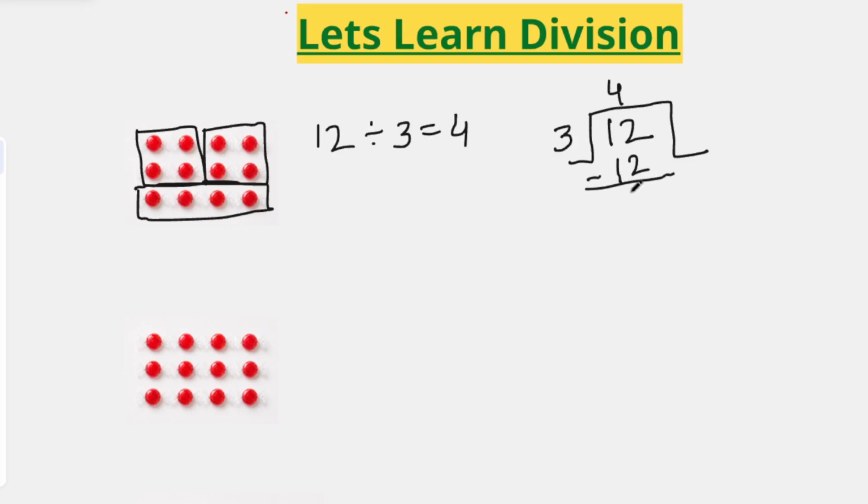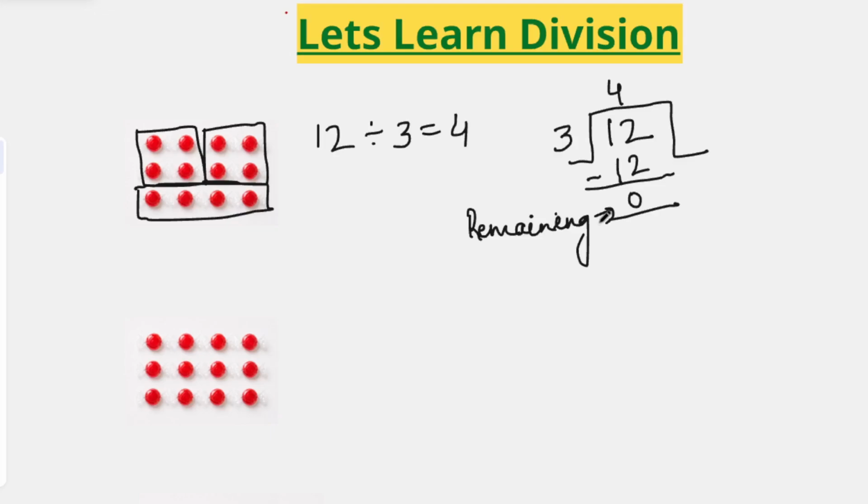We will write 12 here, then we will subtract and we get 0, because we had 12 candies, we gave away all the 12 candies and we are left with 0 candies. So this is what we call the remainder, meaning the remaining things, whatever is left after sharing. So this is division with 0 remainder.